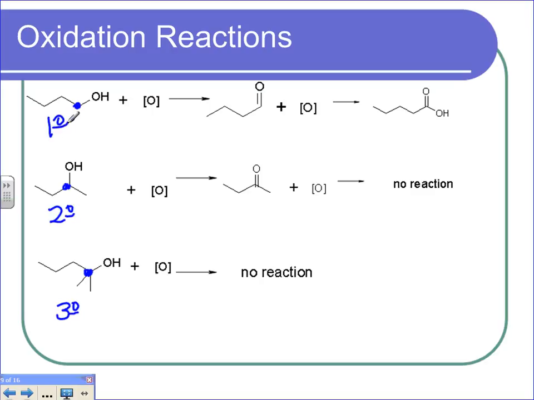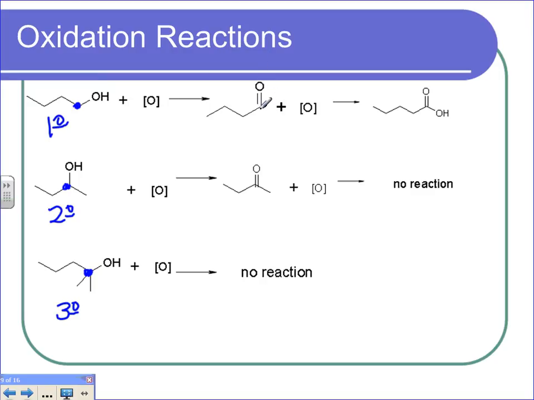The reason it's important to distinguish between these types of alcohols is because they react differently and form different molecules. So when you see an alcohol and you see the square bracket with O, that means that the alcohol has been oxidized. And what you're going to do is simply change the functional group. So this OH simply becomes a carbonyl.